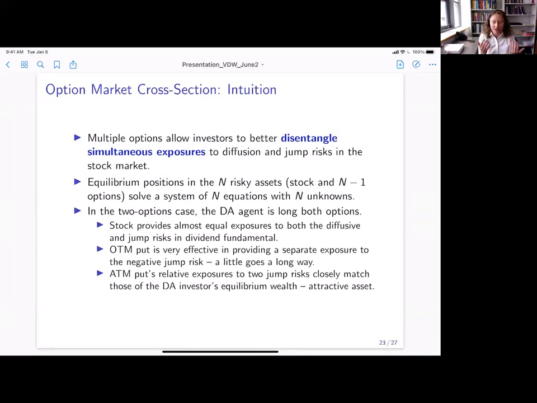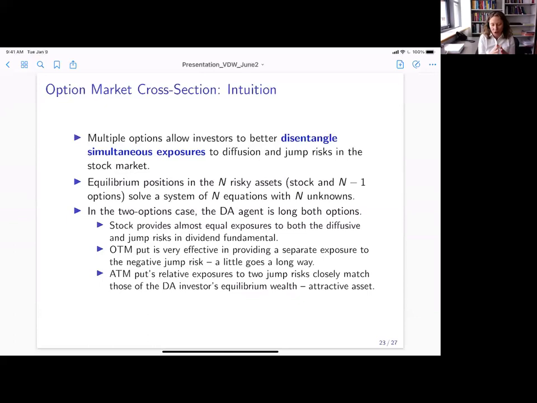So with n risky assets, we have n equations with n unknowns, where each equation says, here is my desired exposure. It's equal to the weighted sum of the exposures available on the market, the risk sensitivities, or you can think of them as deltas with respect to these different risks, where the weights are portfolio weights. So the most intuitive is the 2 options case, because as you start increasing the number of options, you just get more equations and you get more lost.